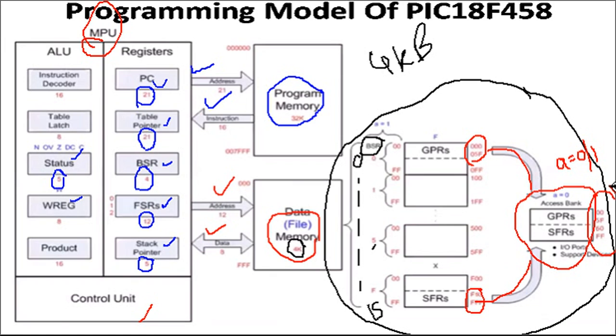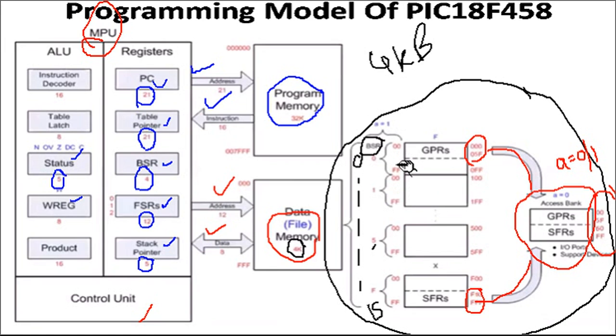So the actual 12-bit address of the Access Bank is as follows: bank 0 from 00 to 5F, and the upper 4 bits will be 0 as it is bank 0, because we need to complete 12 bits. So this is your 8-bit address, and the remaining 4 bits will be whichever bank you select.